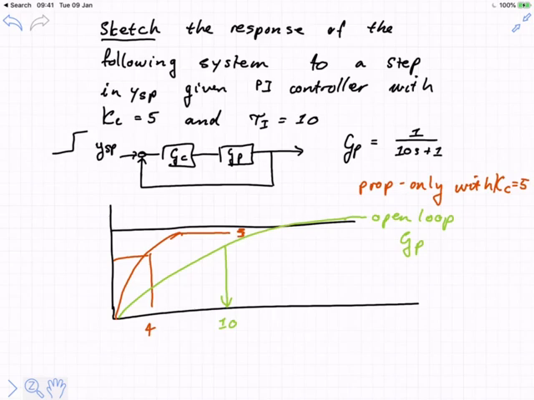Does that make sense? Because I've got a first order GP, and if I just do a step into GP, I'm expecting it to be slower than the response that I get with the controller, although the controller is kind of also leading to the fact that we're not getting exactly to the output.